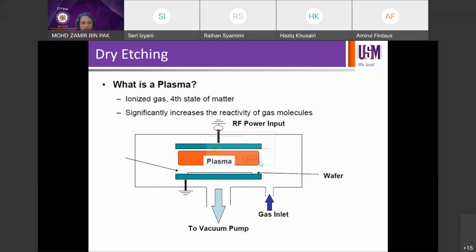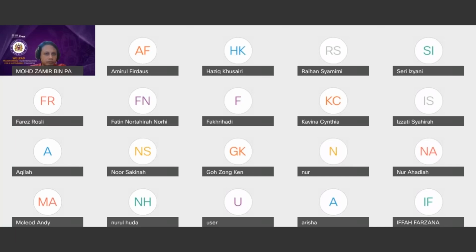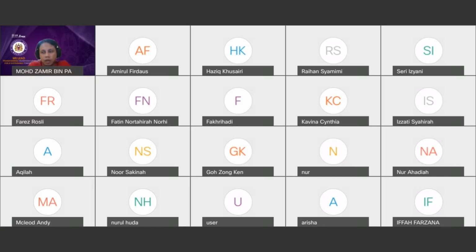So for this Friday we'll have test 1 during 10 to 12 during class time. Okay, 10 to 12. So saya akan upload the question on eLearn before 10. Okay, and then you have 2 hours to go through the test. It's going to be open book.